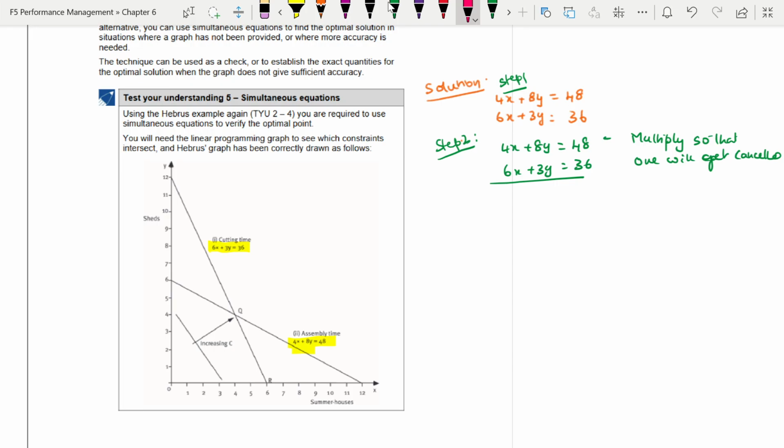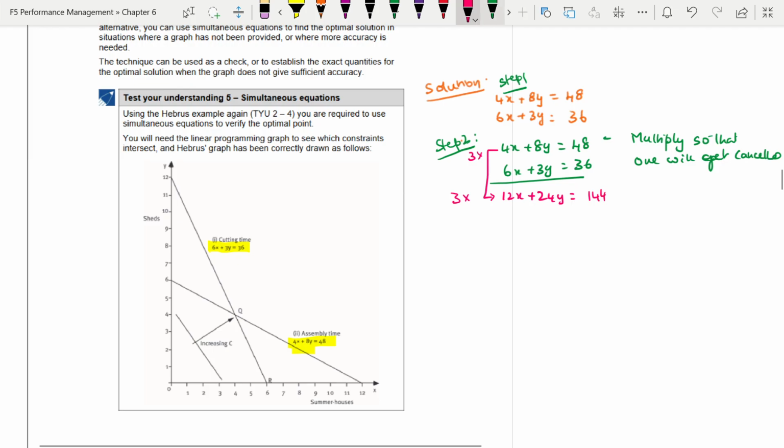Multiply the first equation with 3. What do you get? 12x plus 24y equal to 48 times 3, which comes to 144.